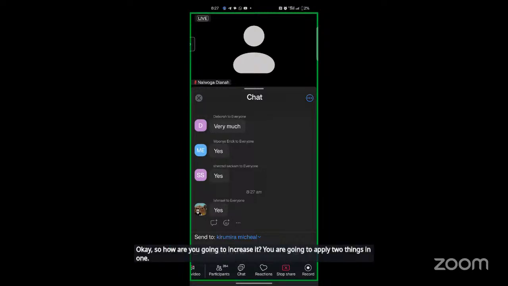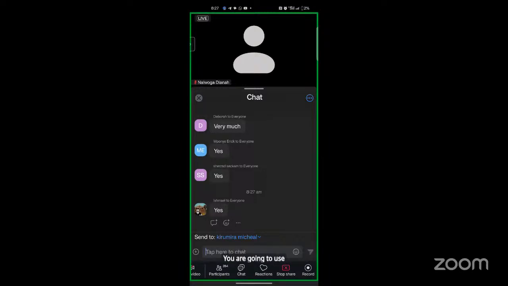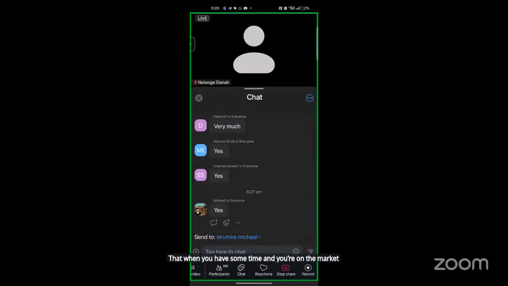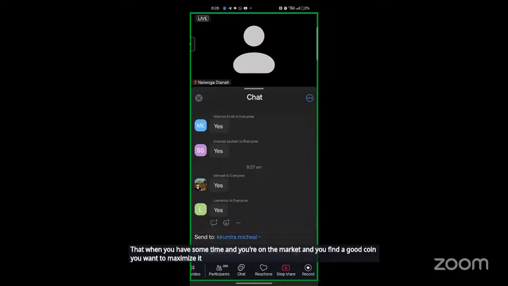You are going to use the skills you have learned here, that you apply cycle and one shot. Am I getting you closer? When you have some time and you're on the market and you find a good coin, you want to maximize it so that it helps you grow your capital.